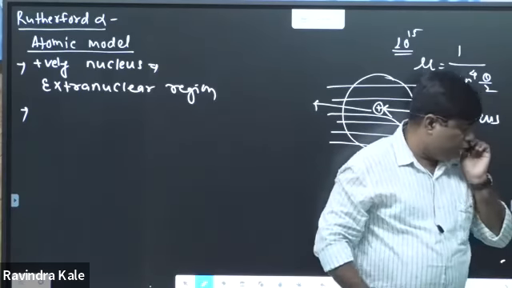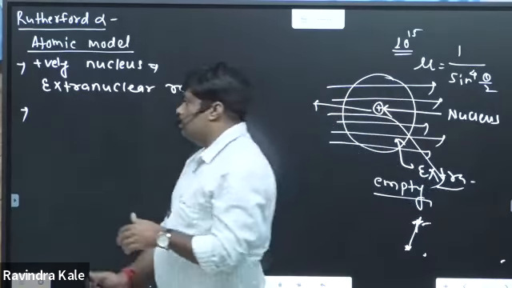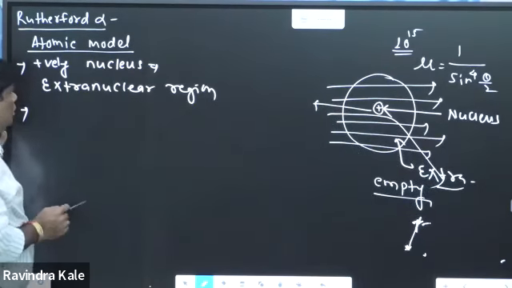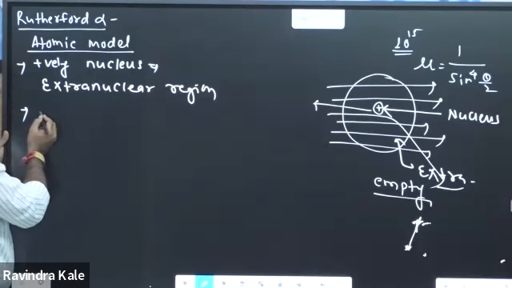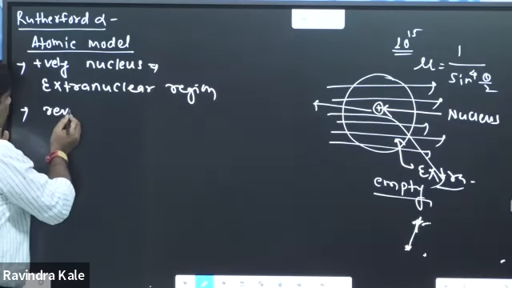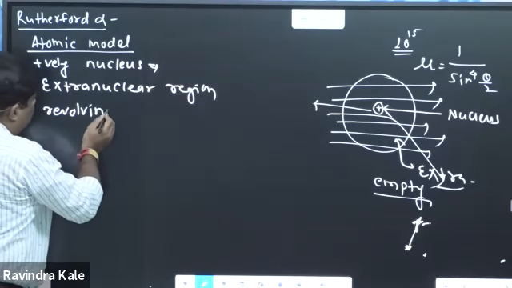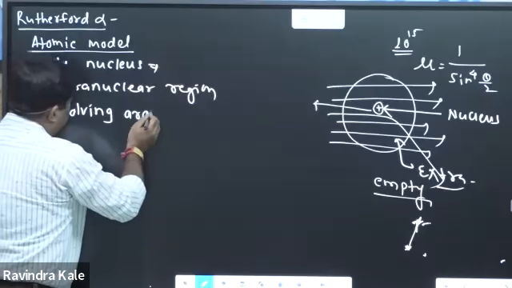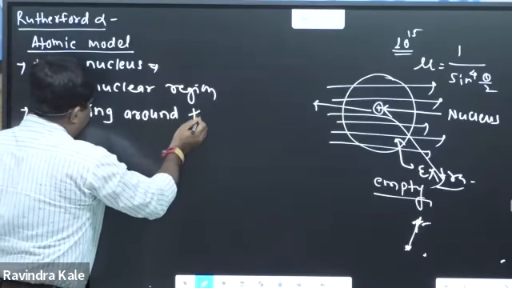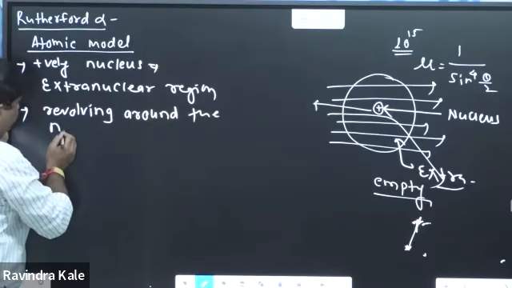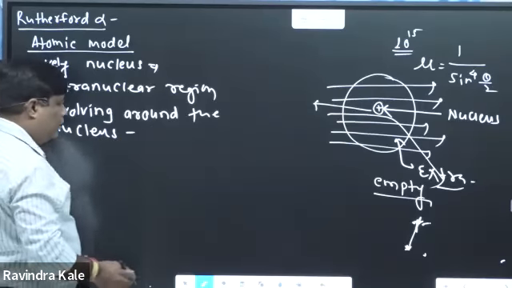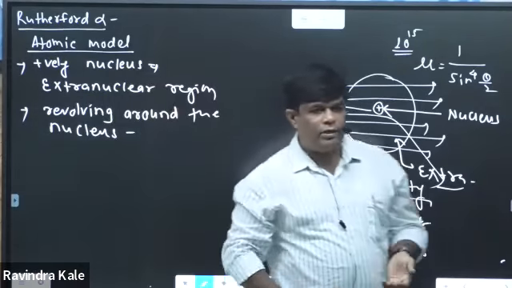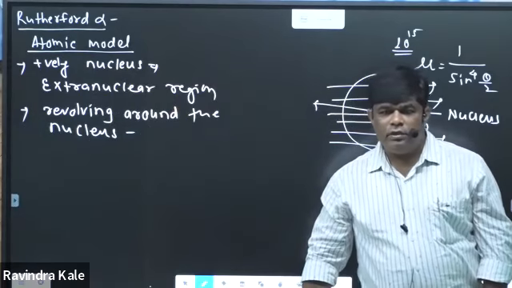So electrons are continuously revolving around the nucleus in a fixed circular path, like planets revolving around the sun in the solar system.